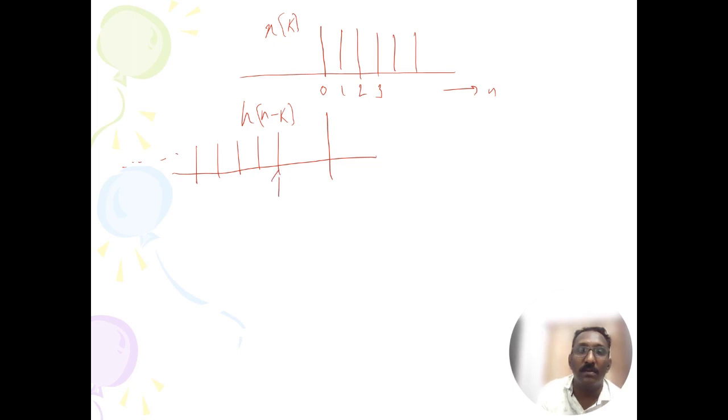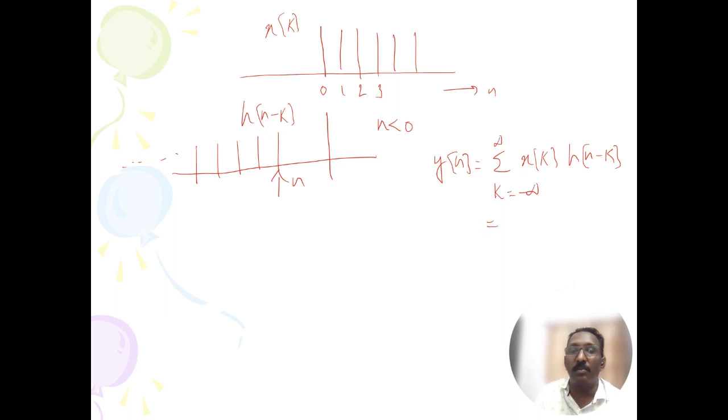This value indicates n. This is h of n minus k for n less than 0. So output y of n is equal to summation x of k, h of n minus k, the multiplication between x of k and h of n minus k, and over this period, output is 0 as long as n is less than 0.